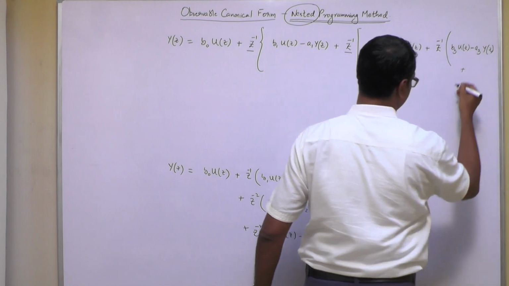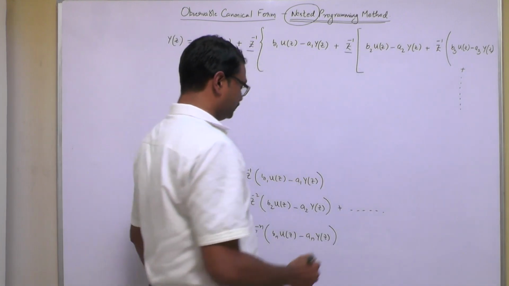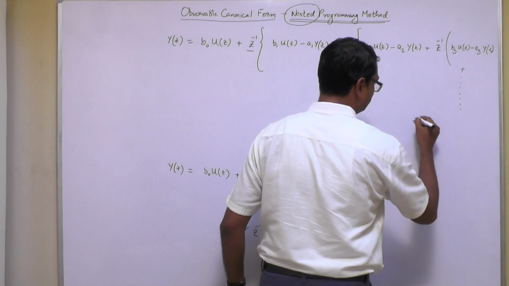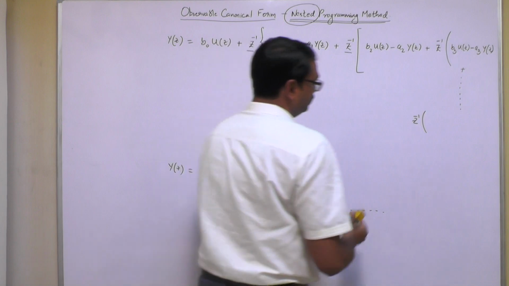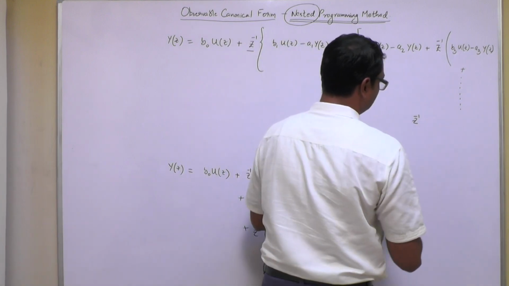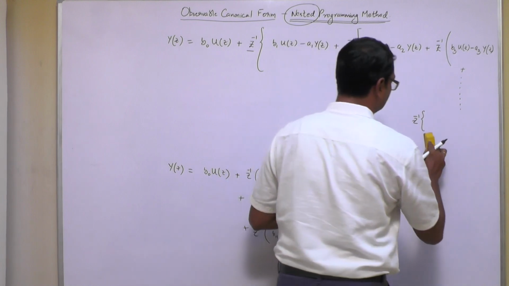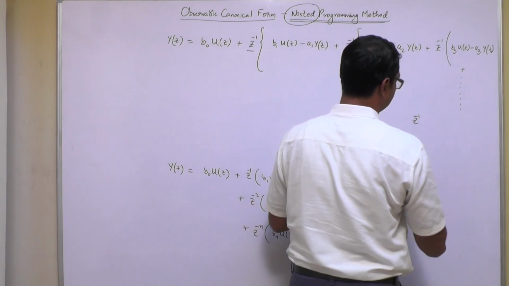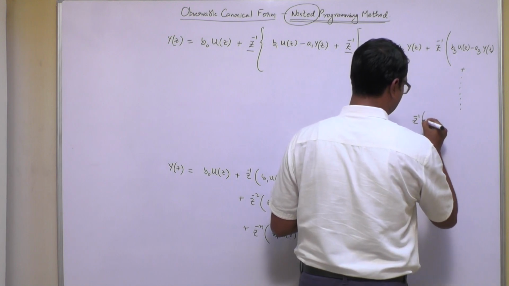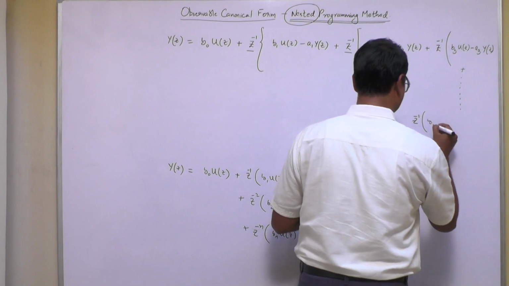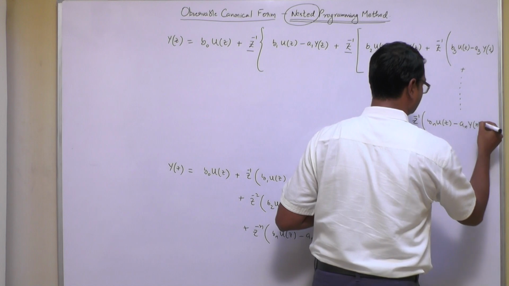again plus, you can go down and you can say the last equation, z^-1 of bn U(z) minus an Y(z).